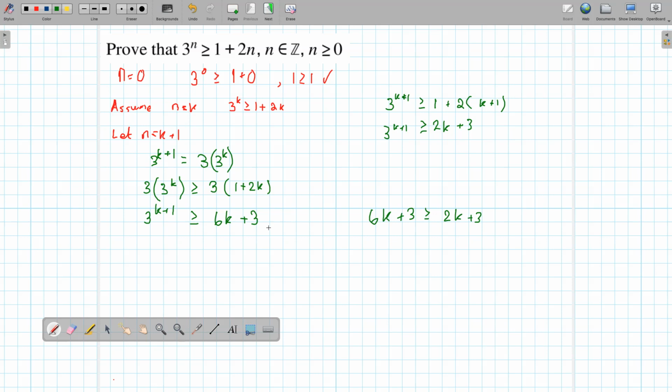Because if this is bigger than this, it has to be bigger than this. And this is what I was trying to prove. So as it holds for n equals k plus 1, it is true, or it holds for any value of n.